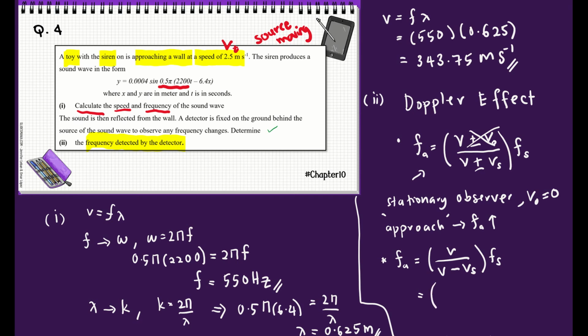The velocity of sound, 343.75, the one that we got from the first question, over 343.75 minus the velocity of source, 2.5, times the frequency that we found from the first question, 550. Then the final answer is 554 hertz.